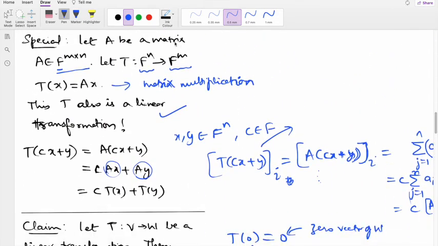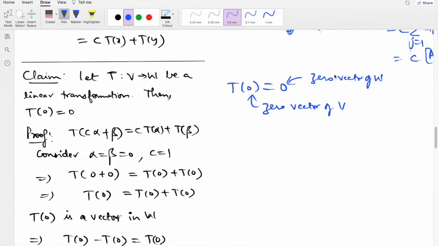If you take, for example, F^n to F^m, what I'm saying is, if I take the tuple of all zeros, and I have n such zeros here, this will map me to a tuple of all zeros which are m in number. So you need to be a bit clearer about what the zero vectors are when you're working with these sorts of equations, right?